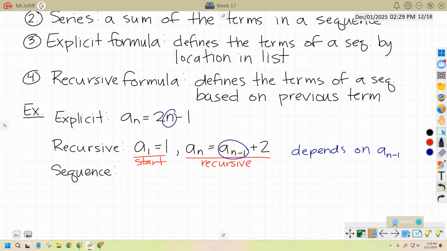This guy depends on the term number, depends on n. So explicit depends on where I am. Recursive depends on what the term before it was. Good. Did anybody else notice anything that isn't up there?